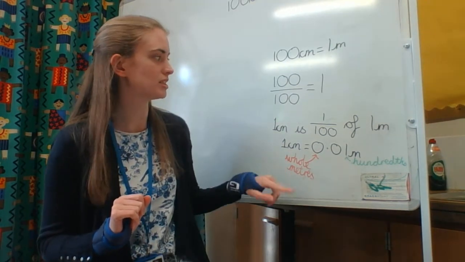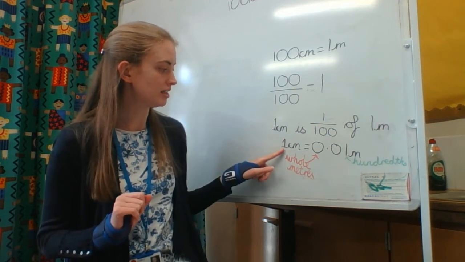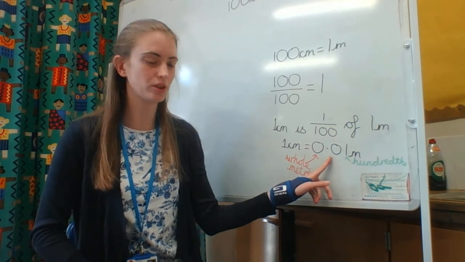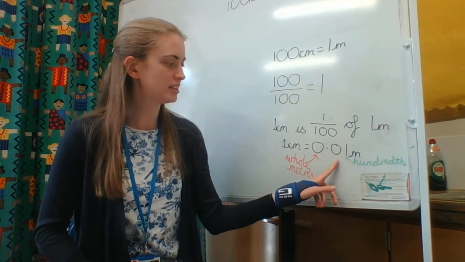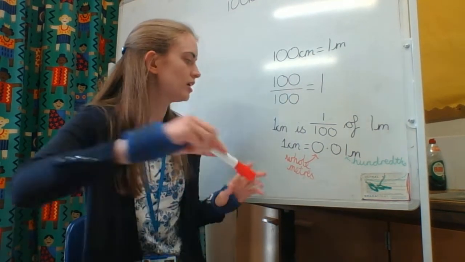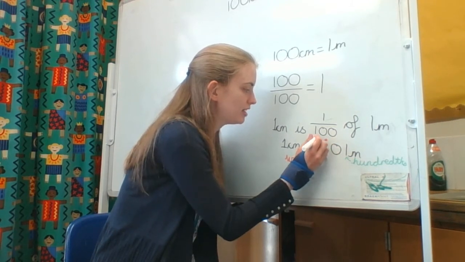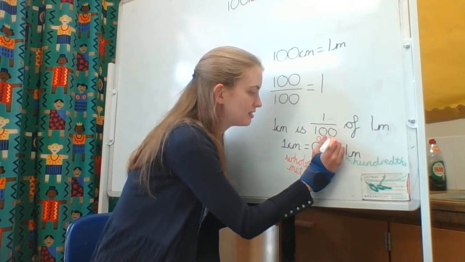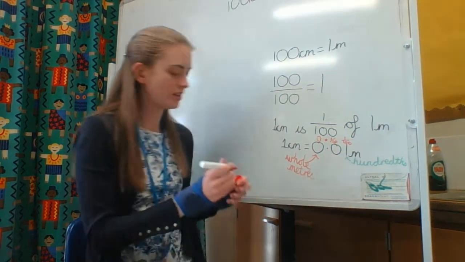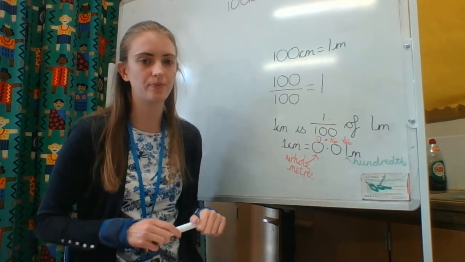So 1 centimetre is the same as 0 whole metres, then we have our decimal point, 0 tenths and 1/100th, because remember when we write it as place value we have our decimal place, there's our ones, tenths and hundredths, and 1 centimetre is 1/100th of a metre.